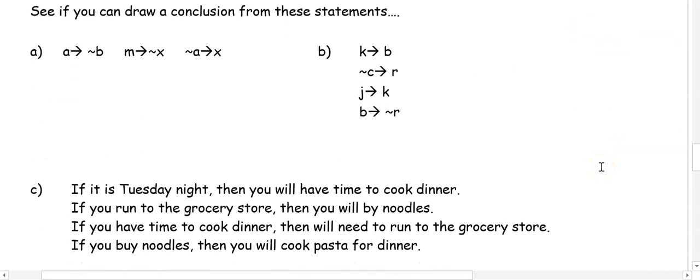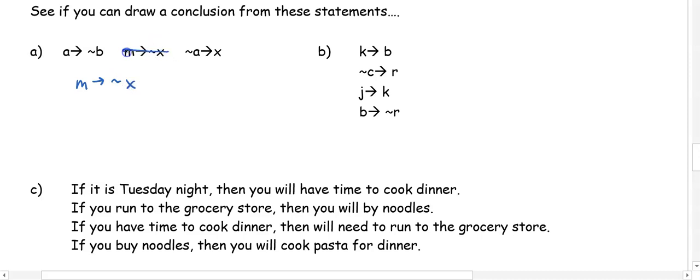So in A, we have three statements: A to not B, M to not X, and not A to X. So first thing we want to do is we want to look at what letter starts one of the statements and doesn't repeat anywhere else. So that letter is M. So I'm going to write this as M to not X because I want to reorder my statements.